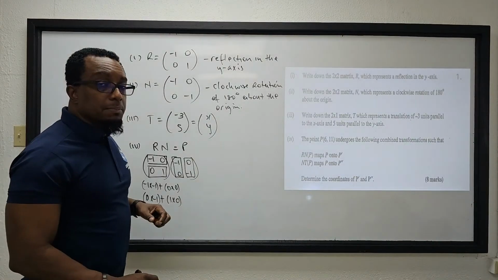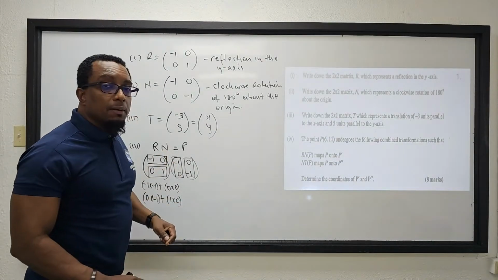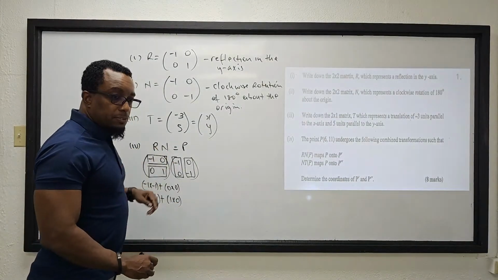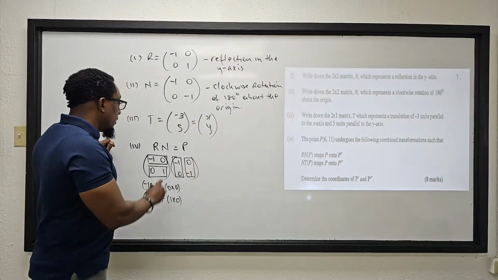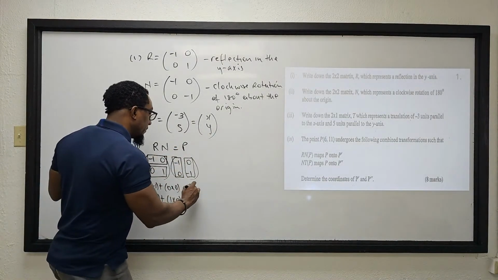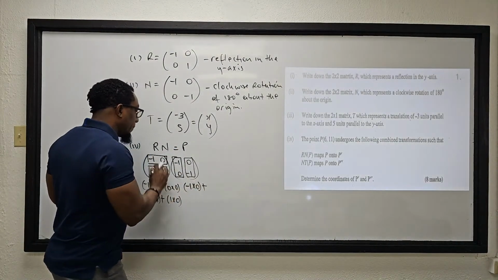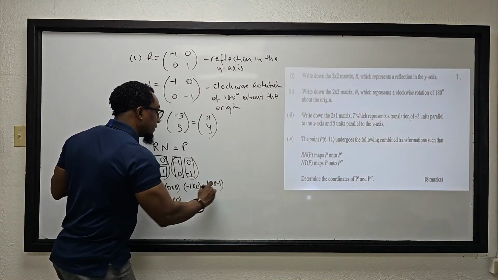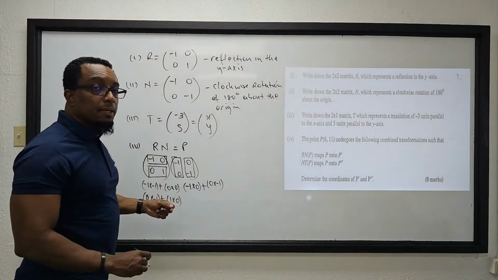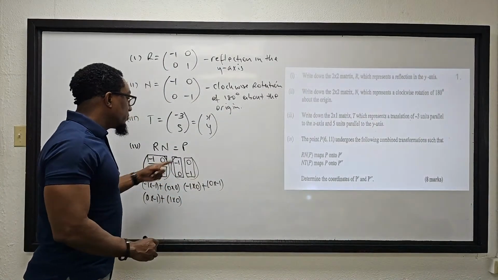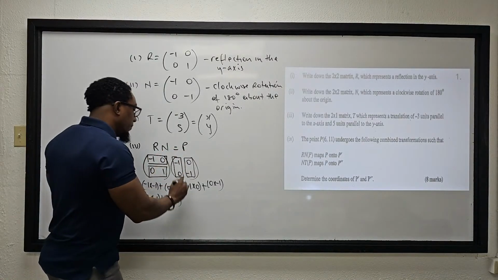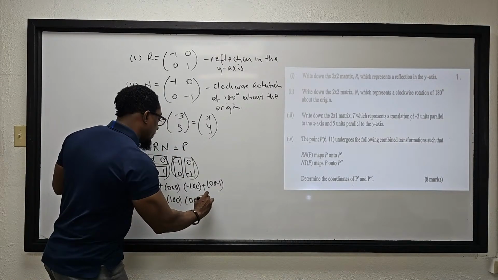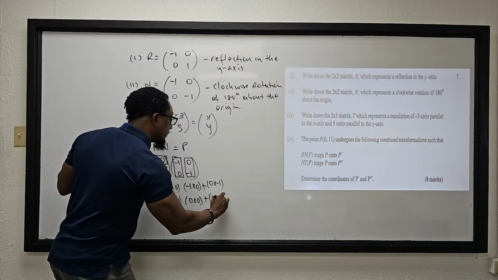That's my first column dealt with. Now my first row, second column: negative 1 by 0 plus 0 by negative 1. Now my second row, second column: 0 by 0 plus 1 by negative 1.